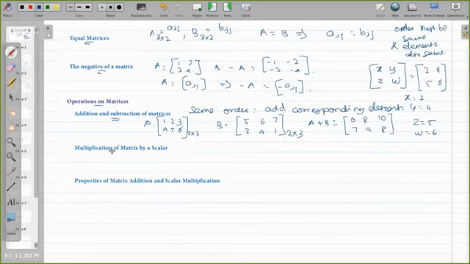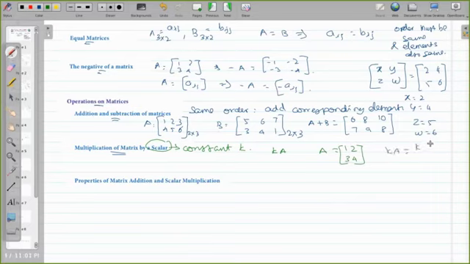Okay. Multiplication of a matrix by a scalar. What is multiplication of a matrix by a scalar? A scalar is nothing but a constant, like k. So you can multiply any matrix by a scalar. That means kA. If I have the matrix A equal to 1, 2, 3, 4, then kA is k into 1, k into 2, 2k, then k into 3, 3k, k into 4, 4k.